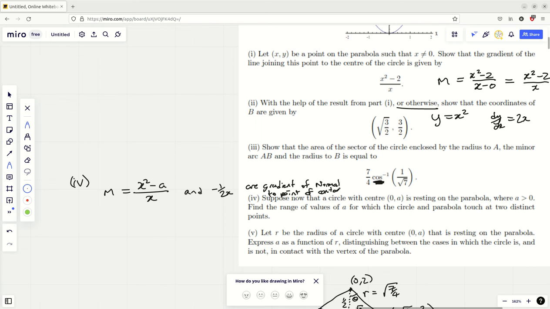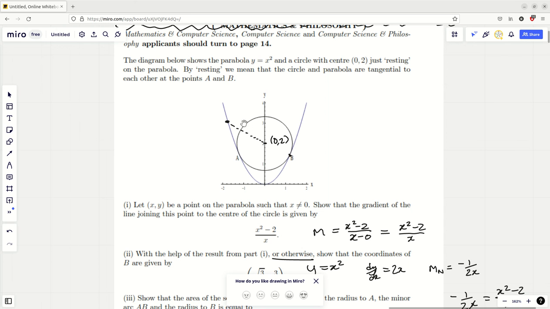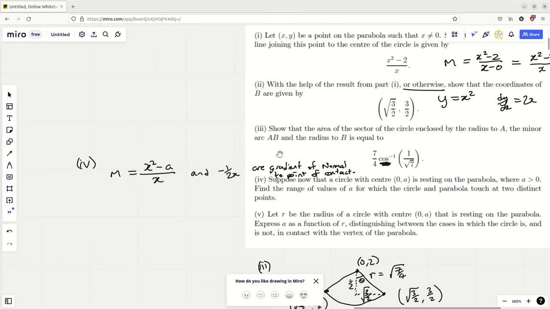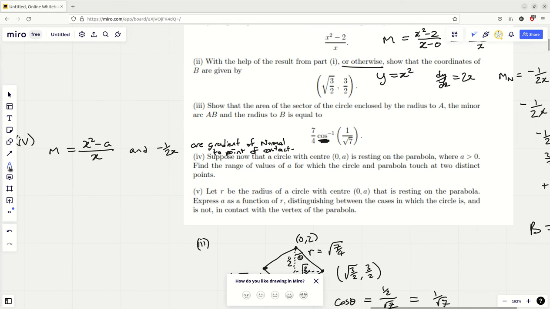I'm doing exactly the same thing as what I did earlier. I'm just saying, okay, call this circle 0, a, and I'm going to go through exactly the same working because I want to find out what the coordinates of B are. Basically, that would be kind of handy. How would I find the coordinates of B? And then I can think about what values I could not have got for a when I was finding it.